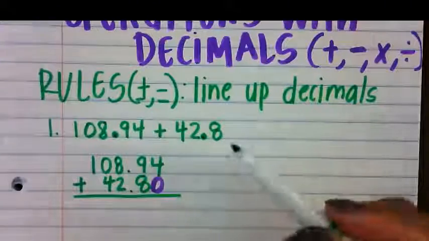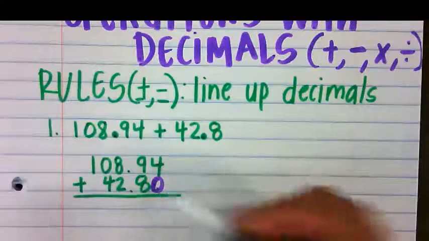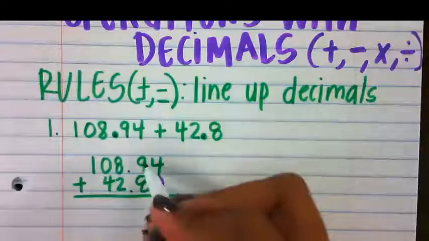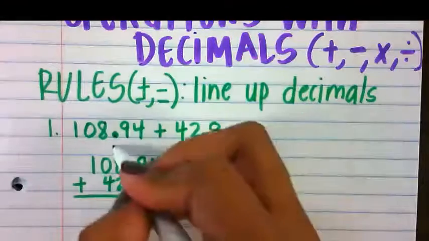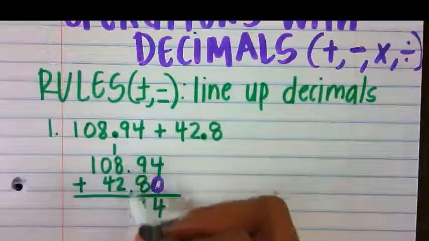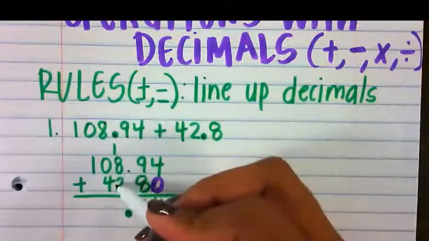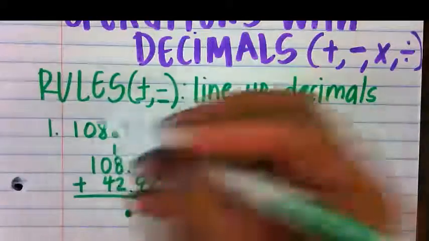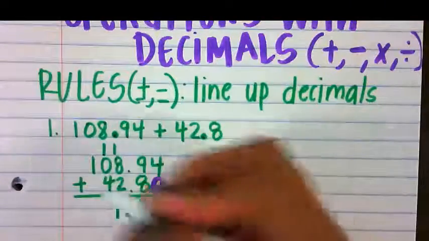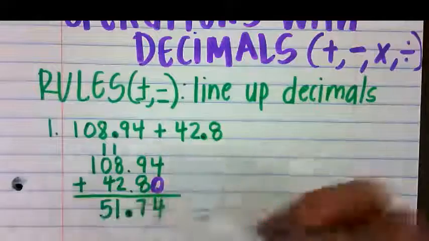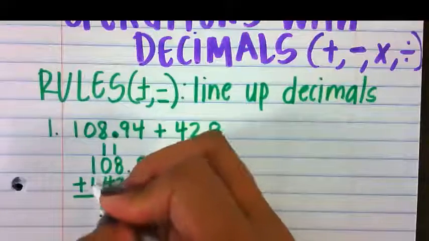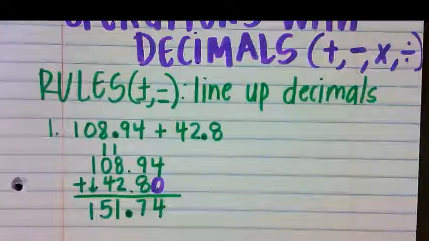So now when I add these two numbers, 4 plus 0, 4, 9 plus 8, 17, bring down the decimal. 8 plus 2, 10 plus 1, 11, 4 plus 1, 5, and bring down the 1.